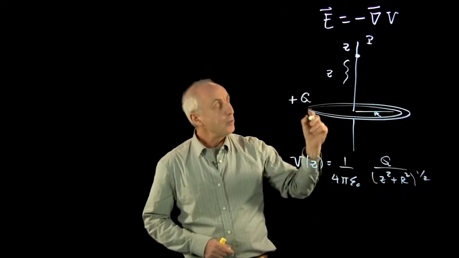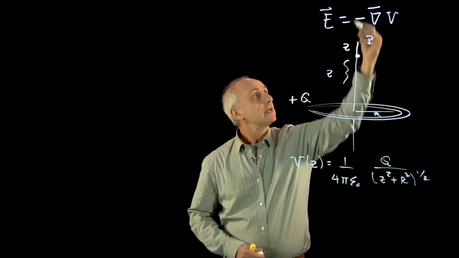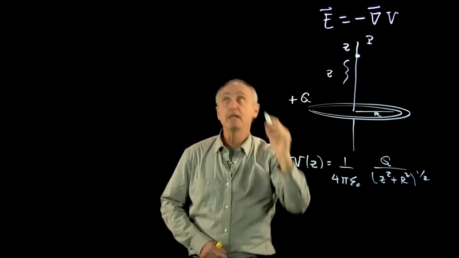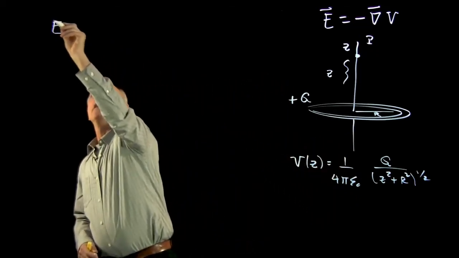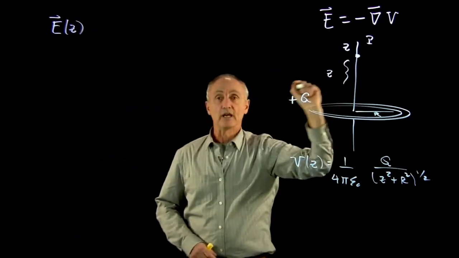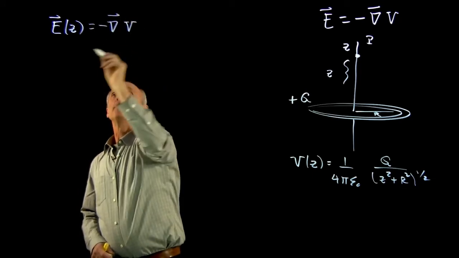Now, we can use this result because we have the potential entirely along this direction. And if we wanted to find the electric field along the z-axis, then we can apply this result.